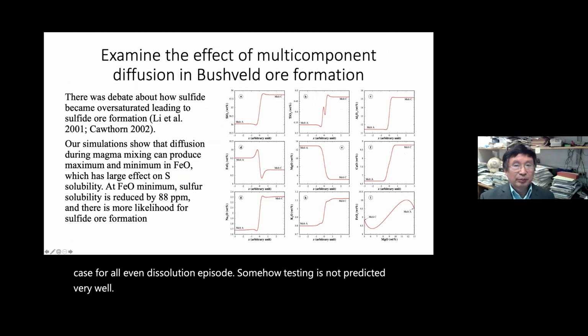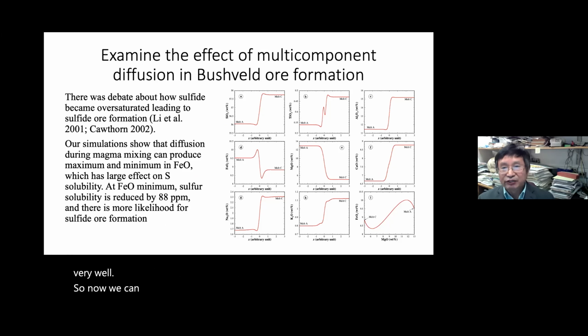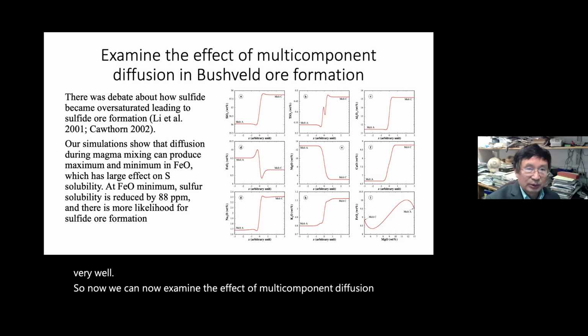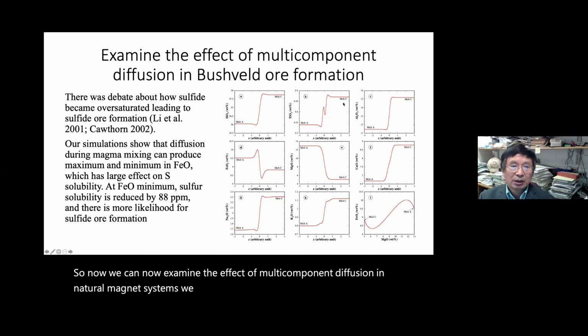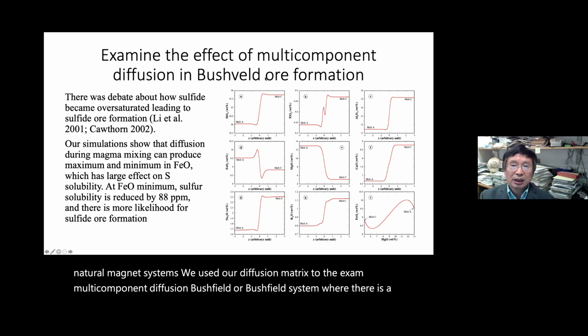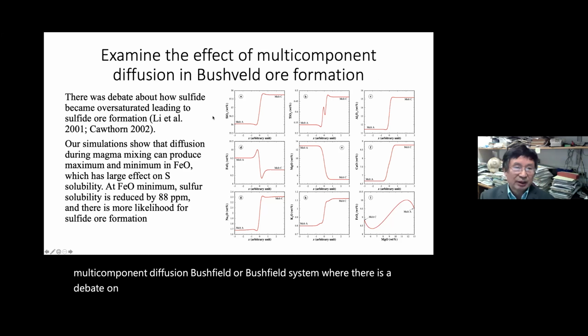So now we can examine the effect of multi-component diffusion in natural magma systems. We used our diffusion matrix to examine multi-component diffusion for the Bushveld system, where there is a debate on sulfide ore formation.